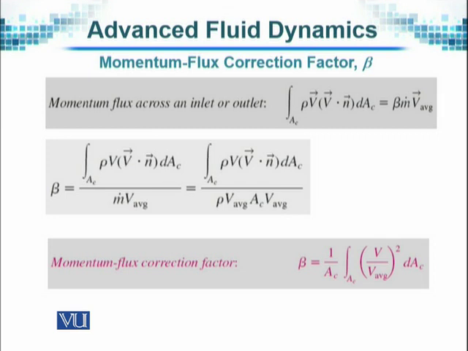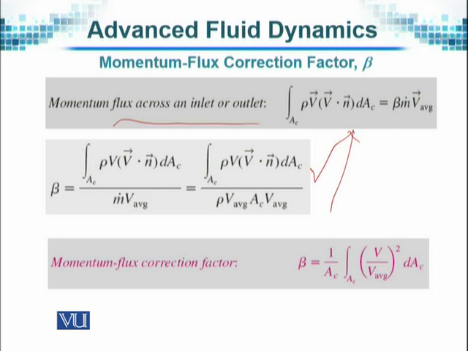So momentum flux across an inlet or outlet is represented by this integral, and beta, the correction factor, can be calculated from this ratio, and this ratio, as we commented, is dimensionless.